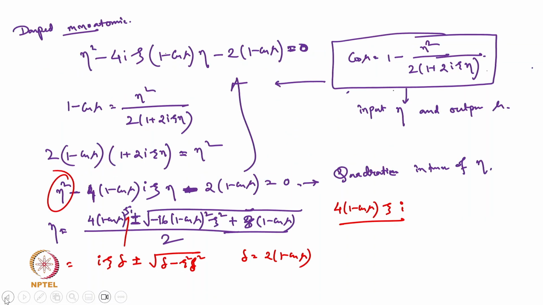Now think what eta was. Eta is nothing but the ratio of the frequencies. How did we define eta? Eta was defined as omega, the excitation frequency, divided by the root of k by m. The root of k by m is the natural frequency of the chain, and omega is the excitation frequency, or the frequency at which it is going to vibrate.